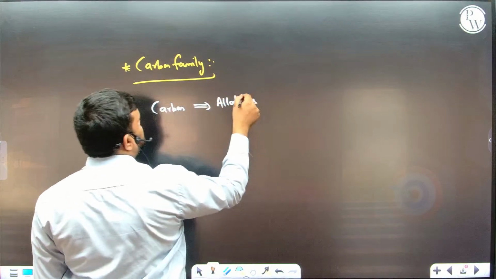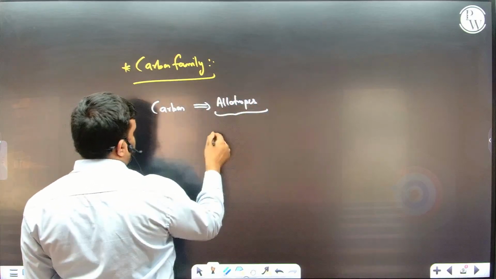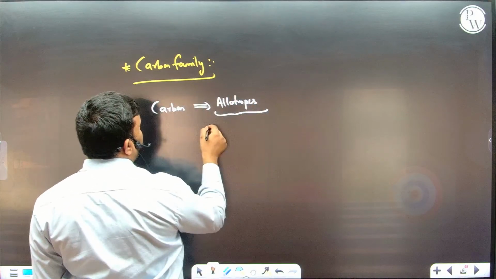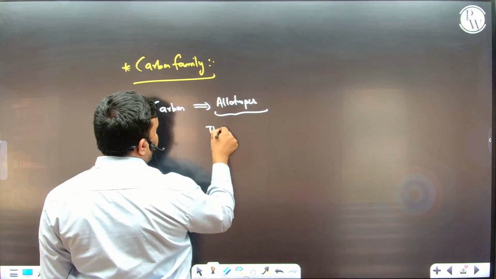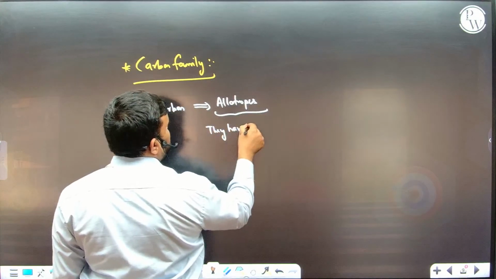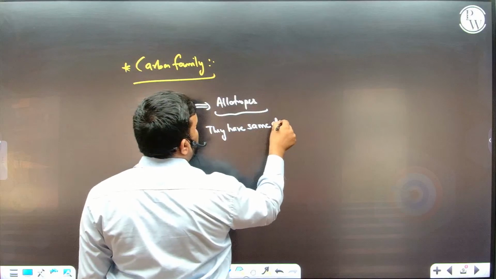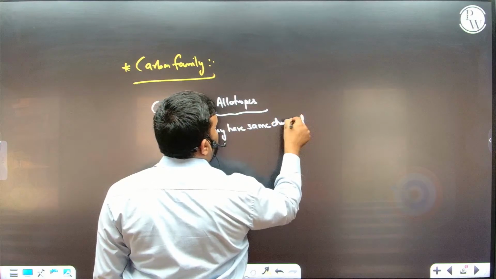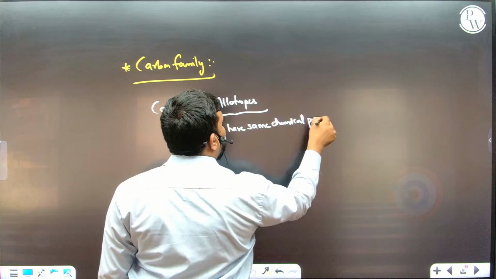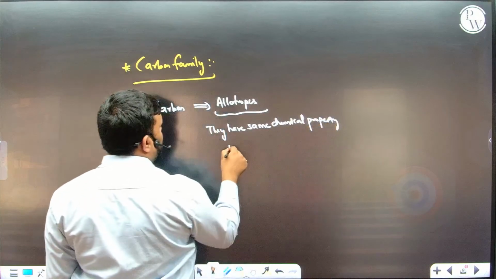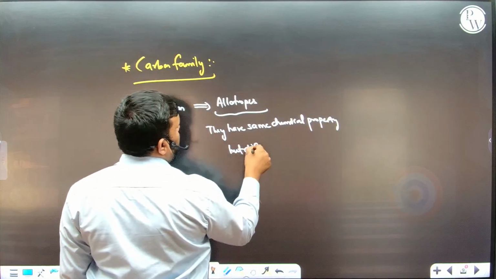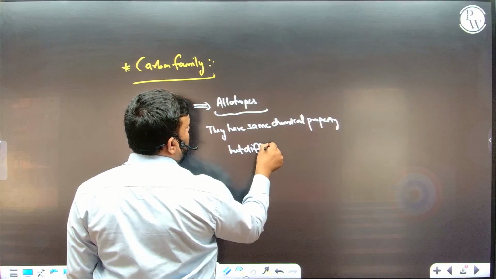And in allotropes, dear students, allotropes are nothing but they have the same chemical property. Chemical property is the same, beta, but different physical properties.